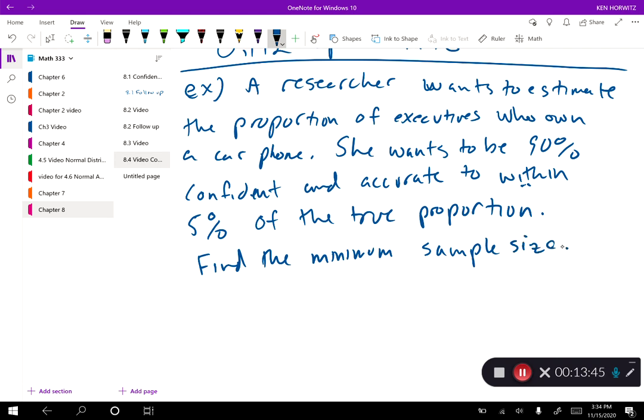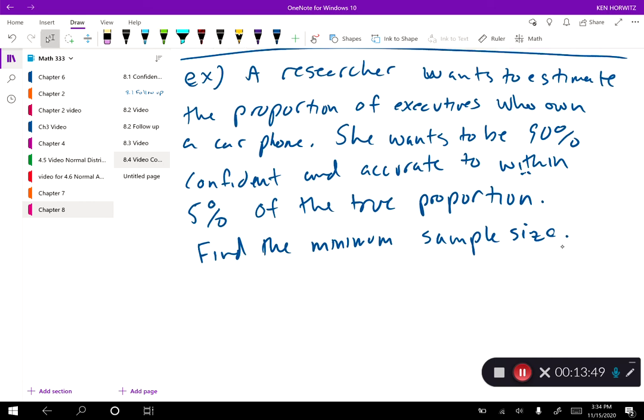All right, so we're going to attack this a little bit differently. The first thing we notice is that we have no p hat or q hat. So if we have no p hat or q hat, researchers assume that it's 0.5. So those are acceptable numbers to use.